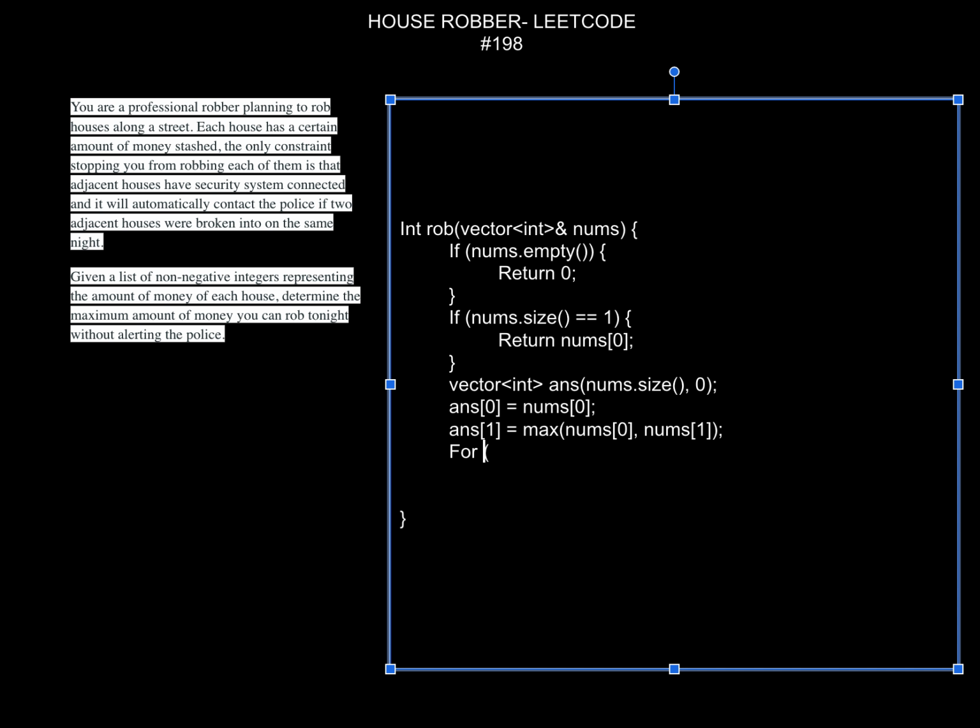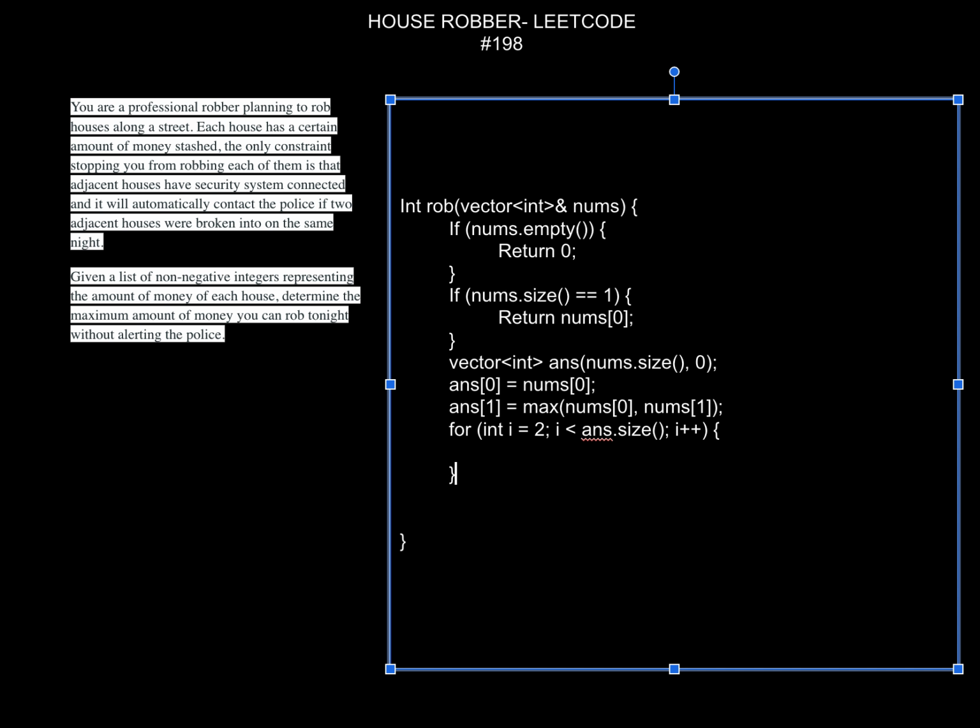And we could initialize our for loop to be int i equal to 2, and i is less than ans.size, i plus plus. So we could go ans i. So at our current index, we would want to get the max of ans i minus 1 or ans i minus 2 plus nums i.